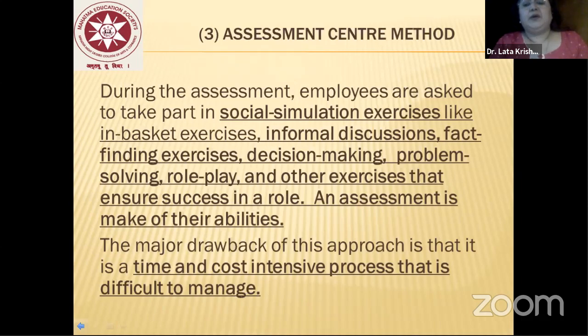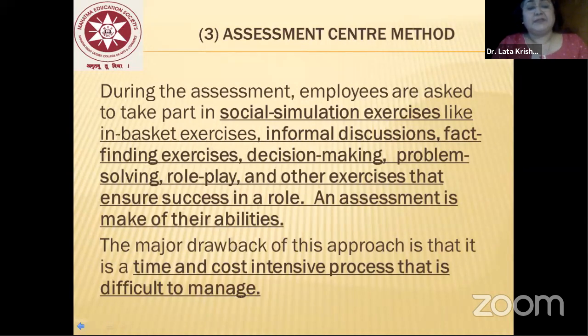Give them a particular case and ask them to find out facts. Give them a scenario and ask them to take decisions. Give them a problem and tell them to find solutions. All these are different examples of how the assessment center method works to find out the potentials of employees working in a business organization.